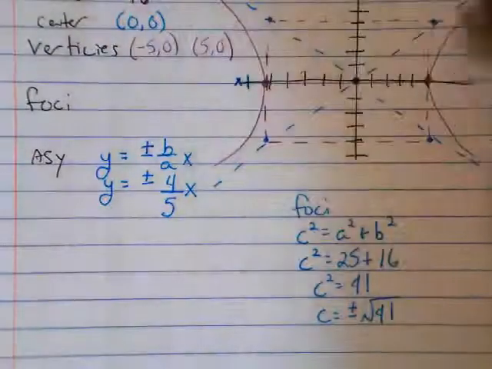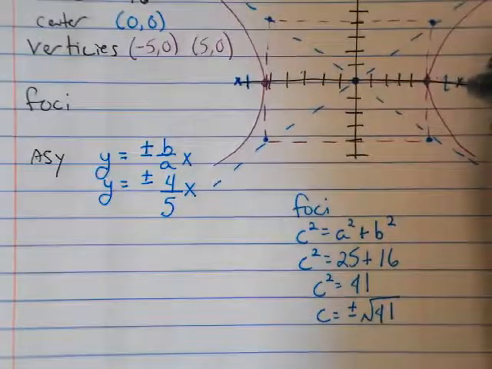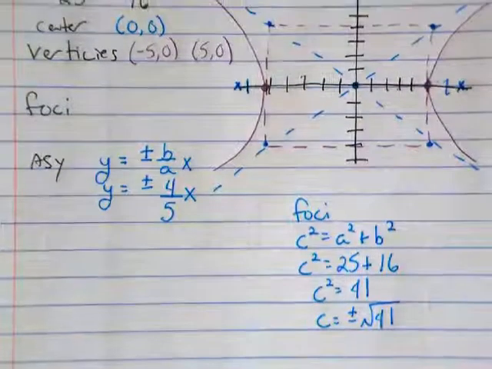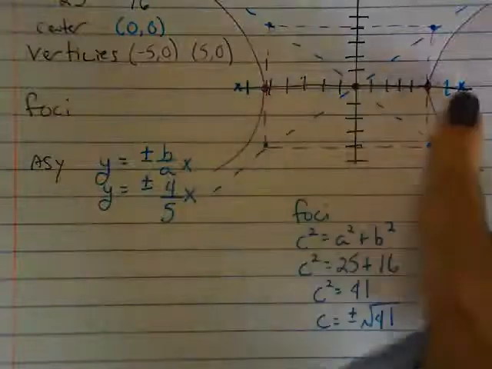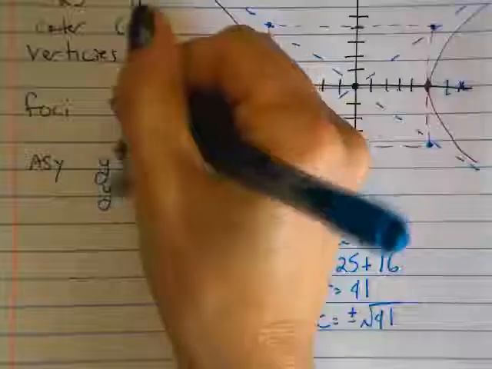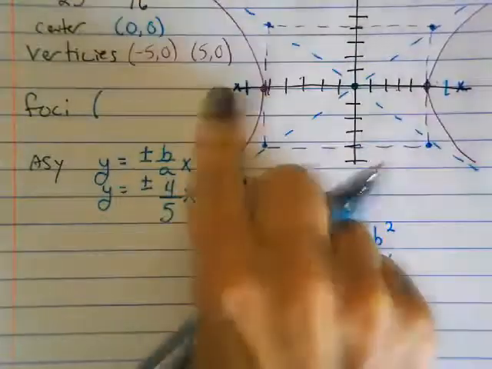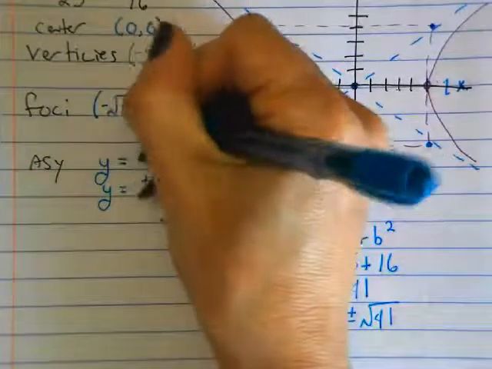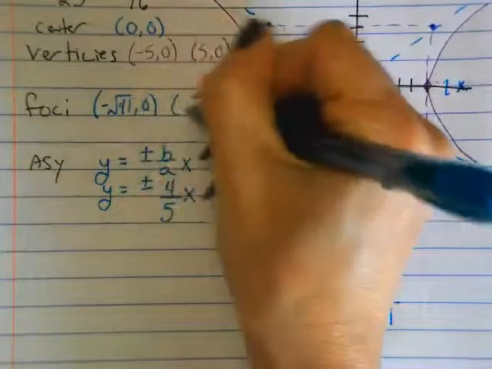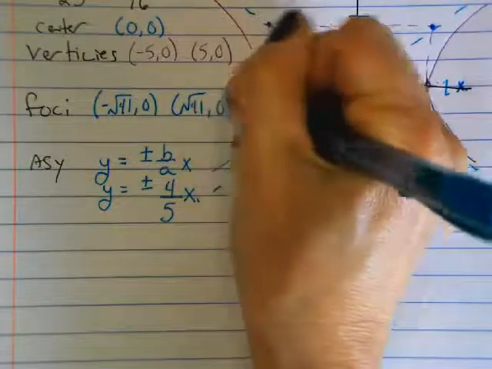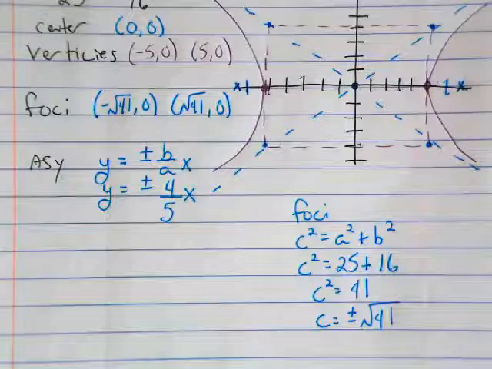There's a foci, and here's a foci. And again, I like to do my foci with little x's, just something different. So to write them, I'm going to say it's negative square root of 41, 0, positive square root of 41, 0. And you've survived your first hyperbola.